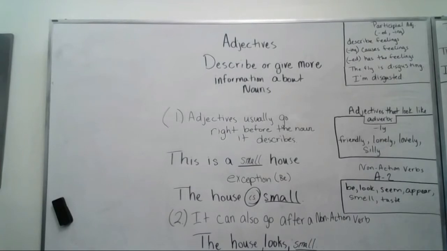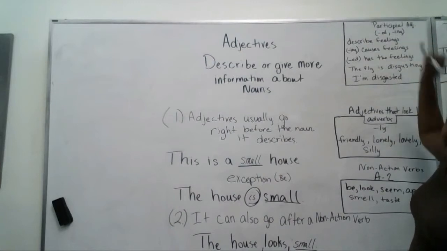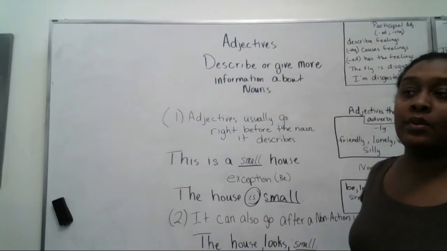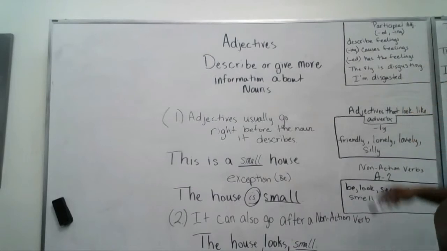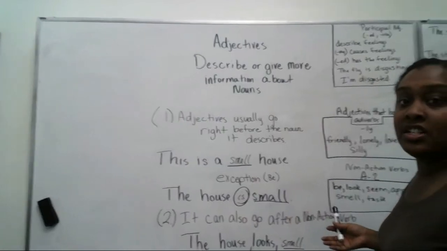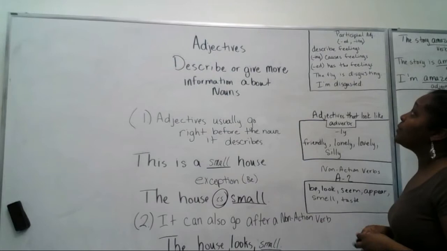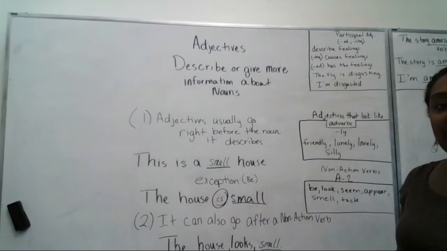Now, there's another kind of adjective you want to look into, and this is your participial adjectives. Basically, it comes from a participle, which is a verb. So it has -ed and -ing endings. They usually describe feelings.